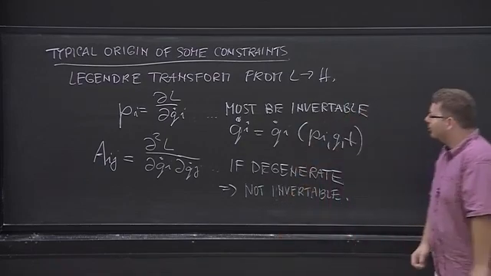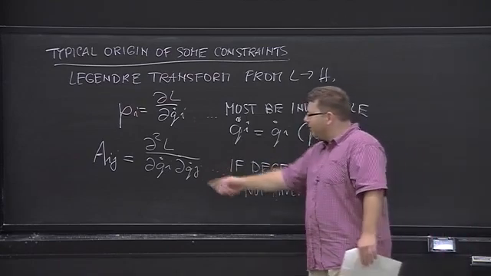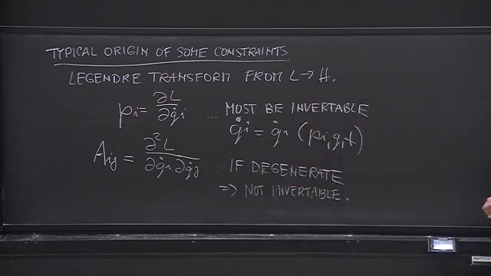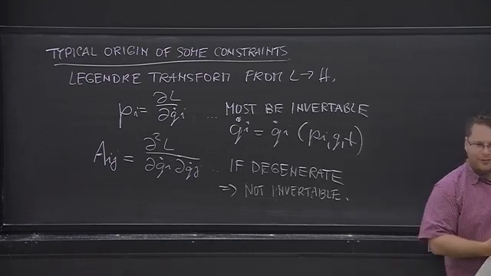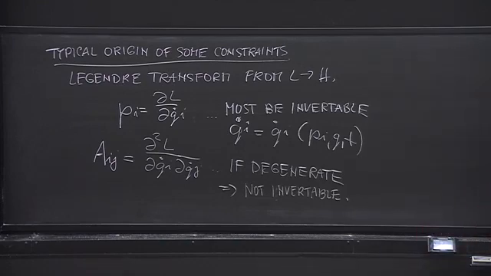Okay. So how you really proceed is that you calculate this matrix here. And how do you find that the matrix is degenerate, for example? Determinant, for example.